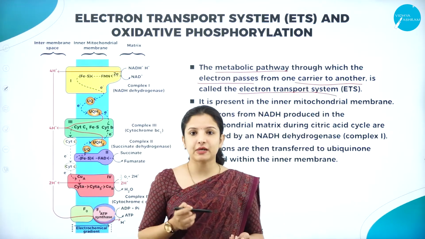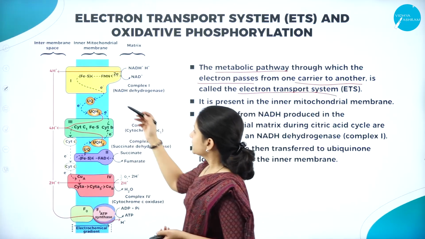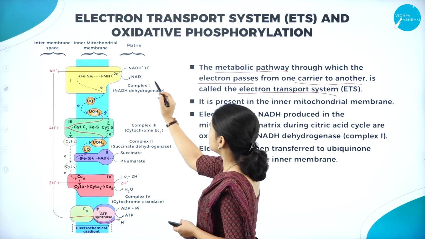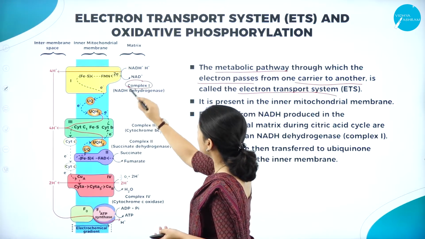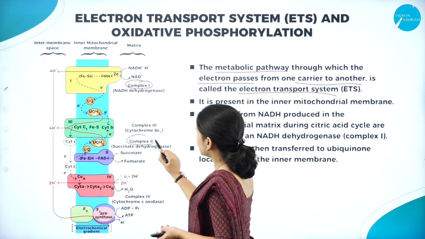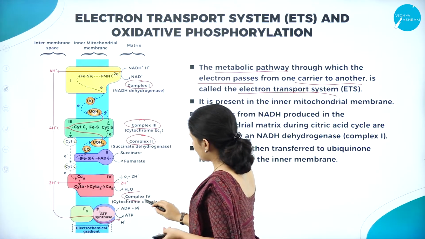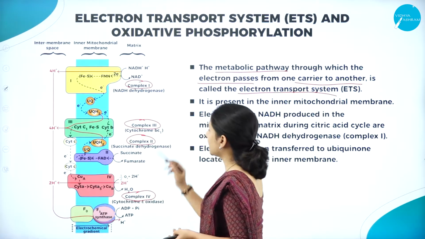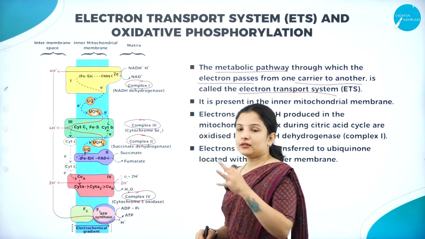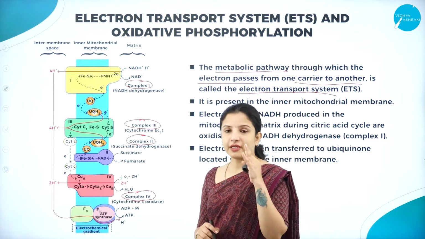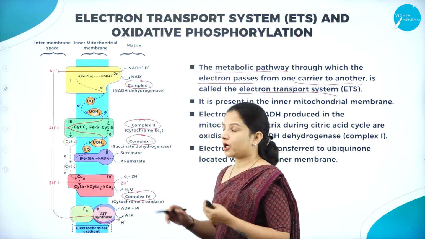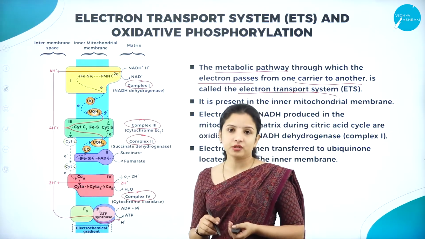If you see this pathway here, you will understand. There are four types of complexes: complex 1, complex 2, complex 3, then complex 4. You should always remember that complex 1, 2, 3 and 4 are always written in Roman numerals.